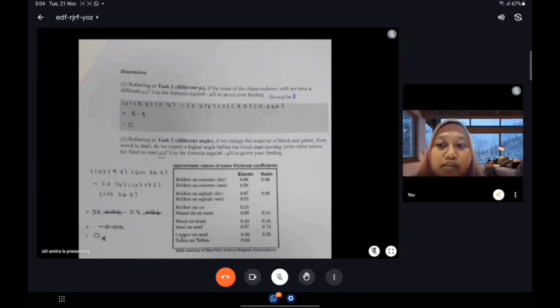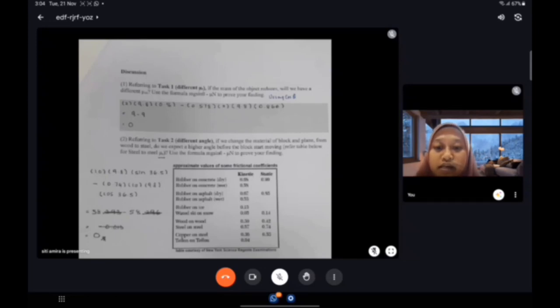To calculate this part, m to be 10, g to be 9.8, and sin theta to be sin 36.5, minus μs is 0.74, m to be 10, g to be 9.8 and cos 36.5.